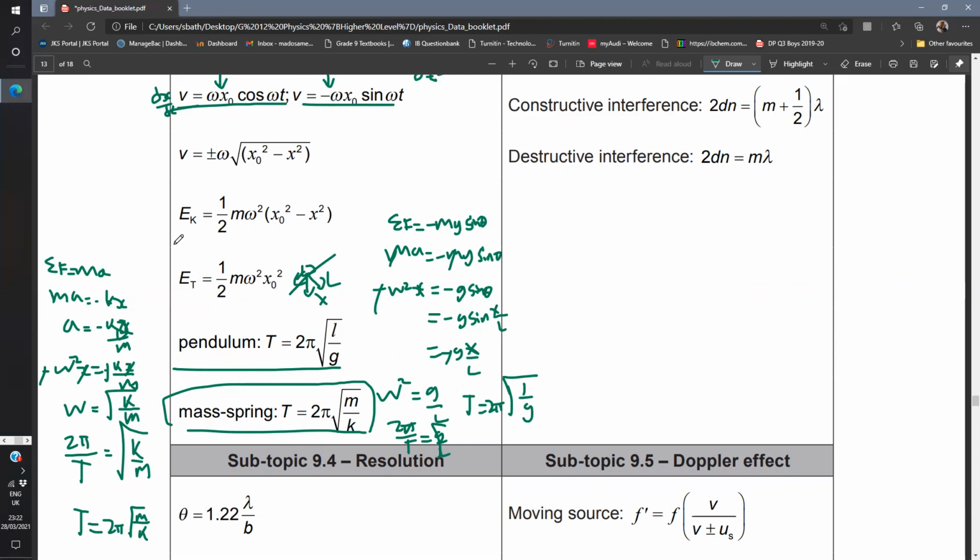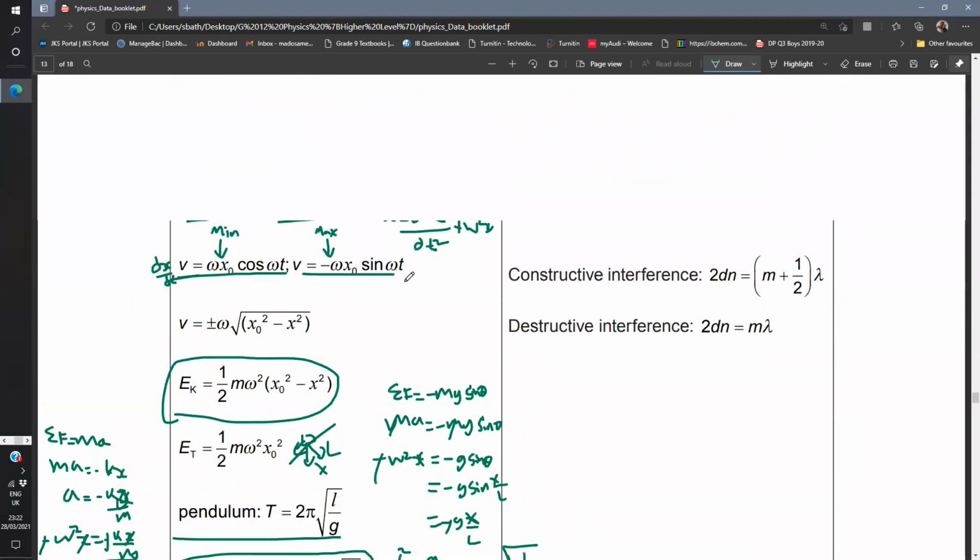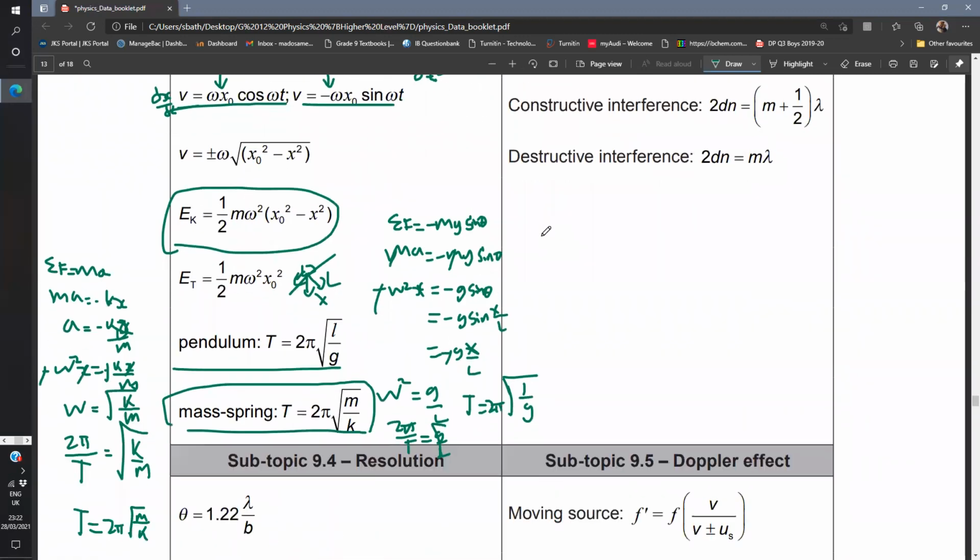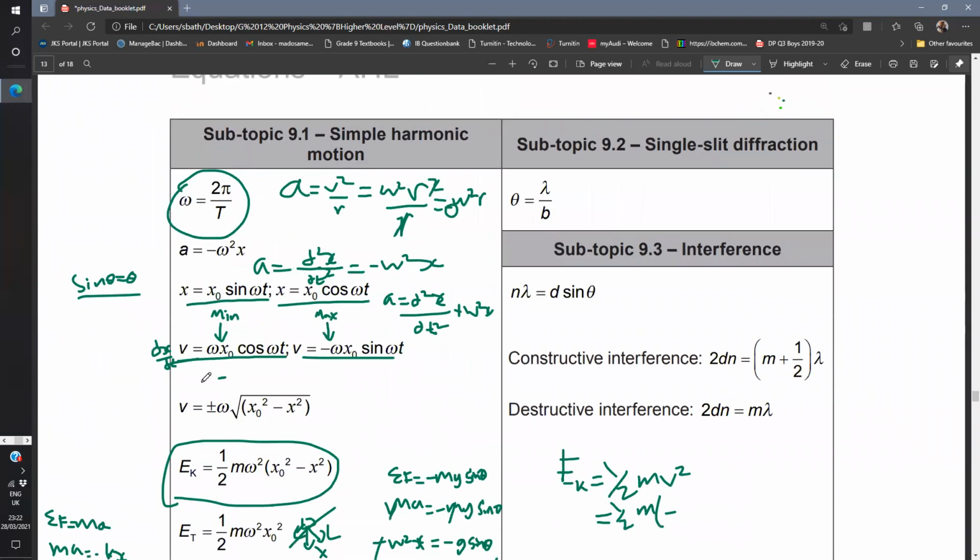Okay, so moving on, we're going to move on to this equation. Derive it. So we know that EK is equal to half m v squared. So basically, we're going to substitute this formula.